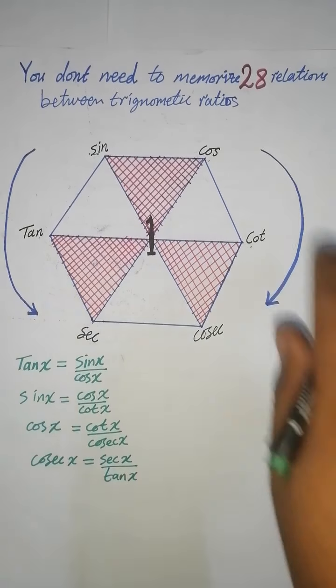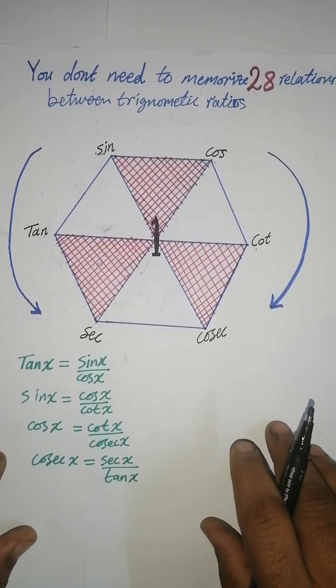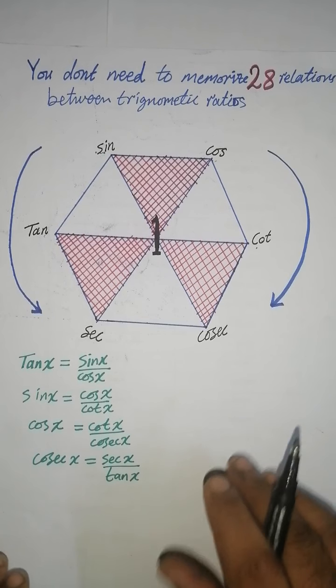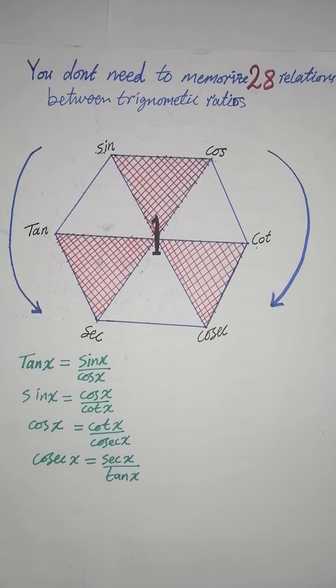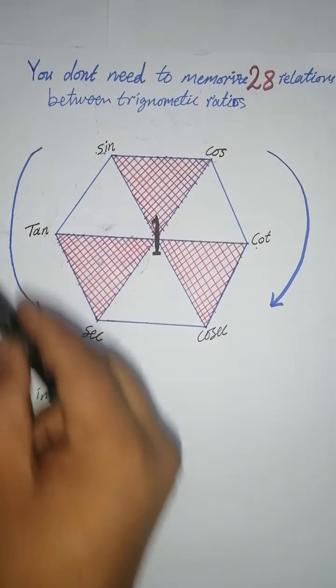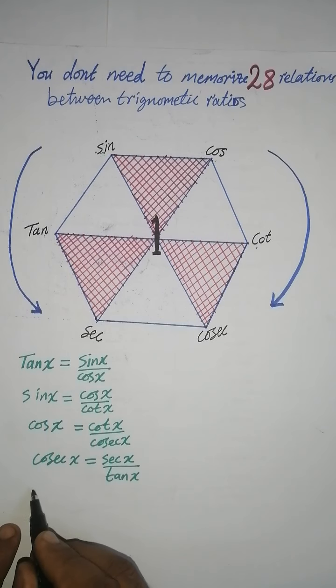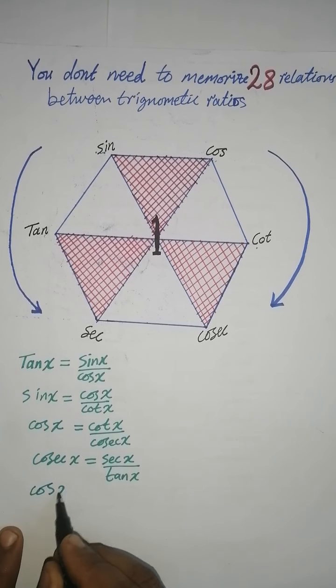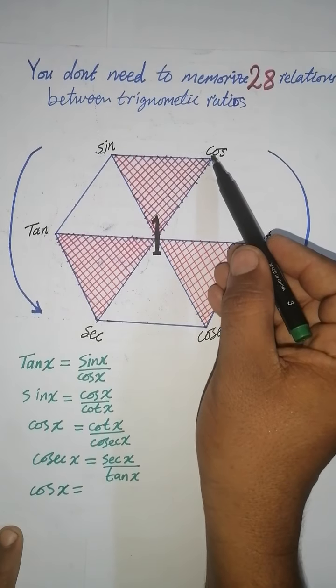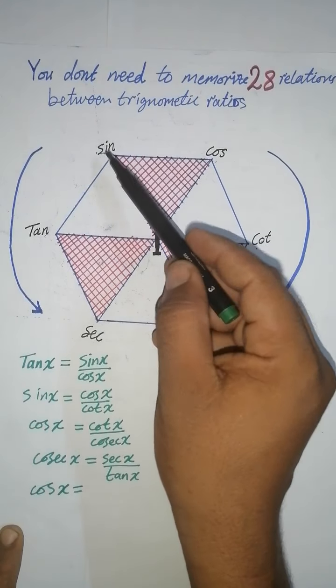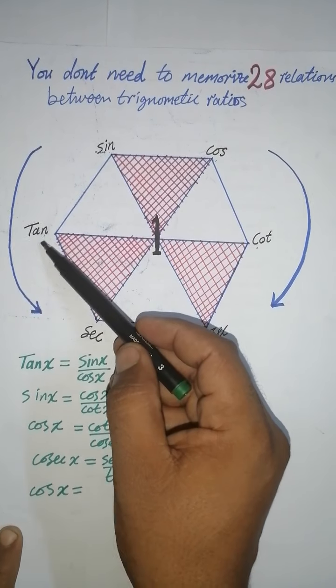So I was trying to move clockwise. I can do the same thing anti-clockwise. Choose any trigonometric ratio you want. Okay, let us start, for example, from cosine. I'm trying to move anti-clockwise. So cosine x, this one, the first two after it anti-clockwise are sine and tan.